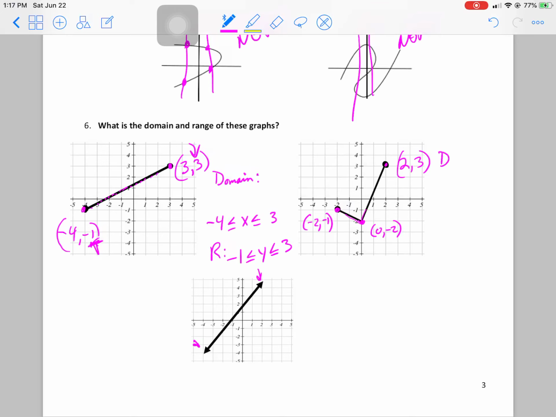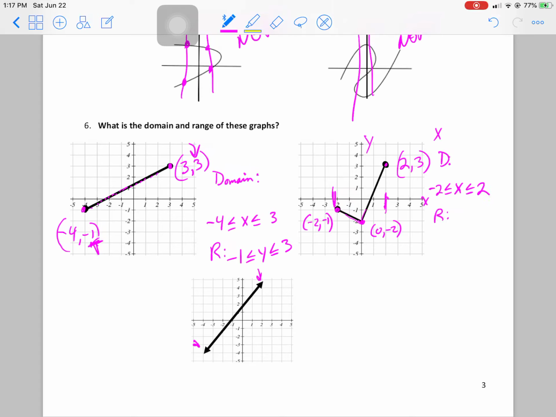Okay? So the domain is, remember what the domain is, all the x's. This is the x-axis, that's the y-axis. So all the x's. So the lowest x is all the way down here at -2, okay? And then it goes all the way this way. What is the farthest one this way? Right here at a +2, okay?